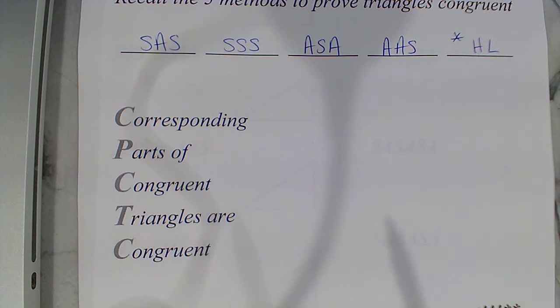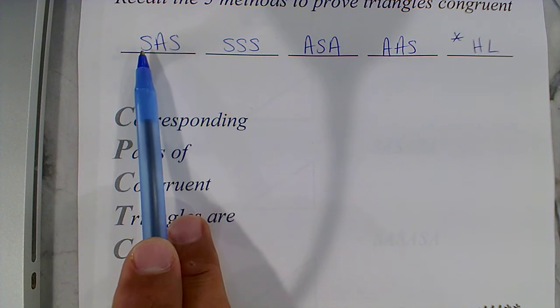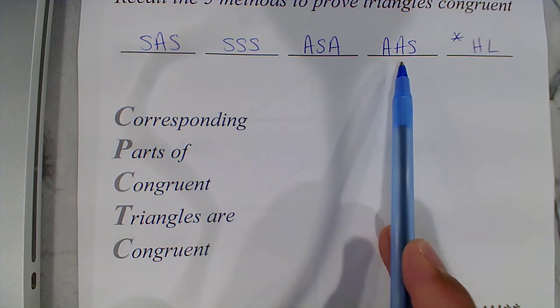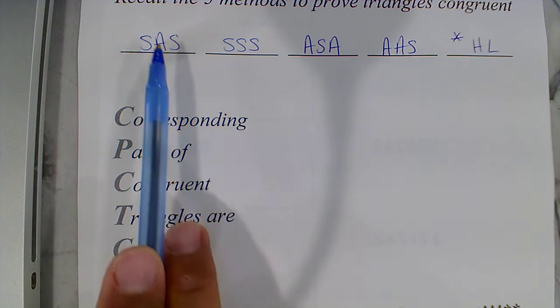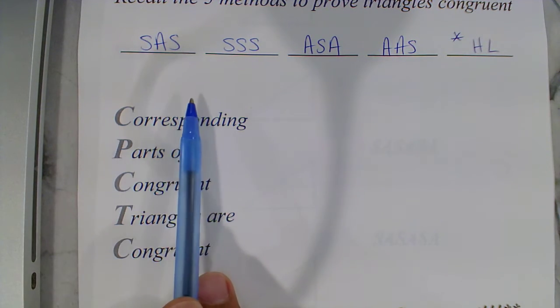In other words, if you get your triangles to be congruent by side, angle, side, or side, side, side, or whatever, you can remember when we did that, we only used a few pieces, right? Three parts, three parts, three parts, and sort of two parts. So now the other parts are going to be congruent as well.